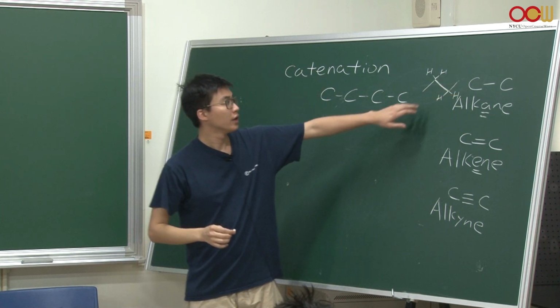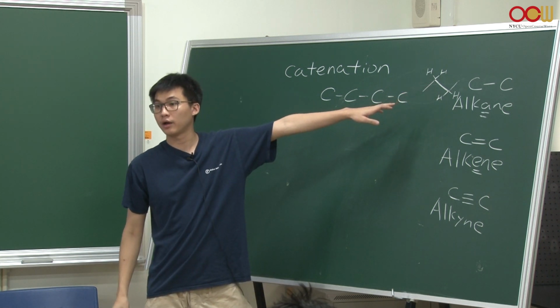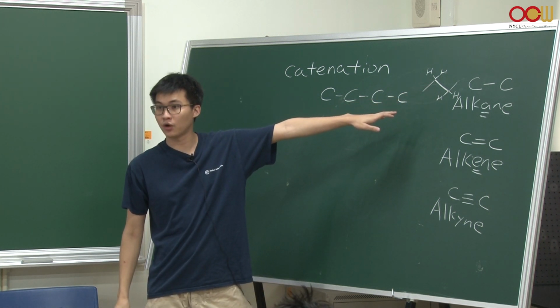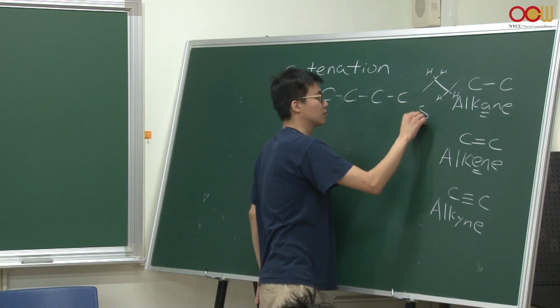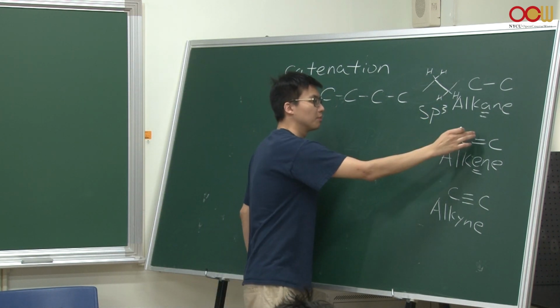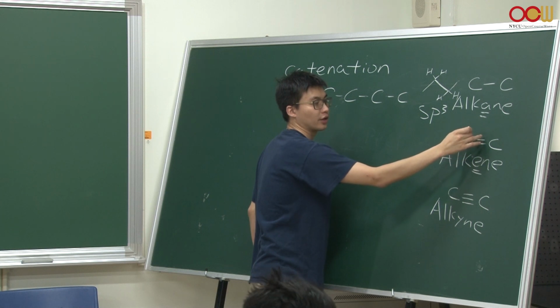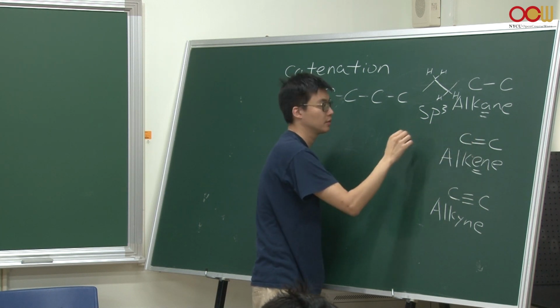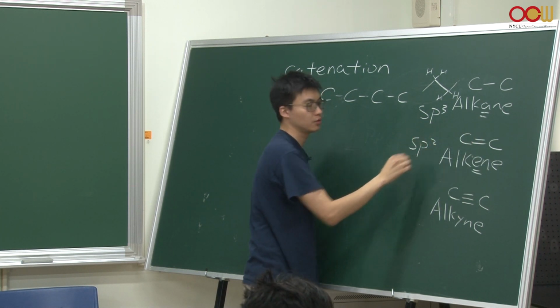Okay, so here we know this adopts tetrahedral geometry. So what kind of hybridization is that? sp3, right? Okay, so for alkene, because you need to share electrons here to form that extra bond, it's sp2. Okay.